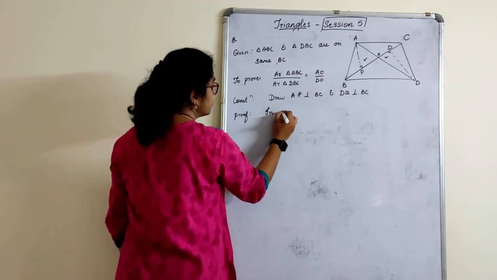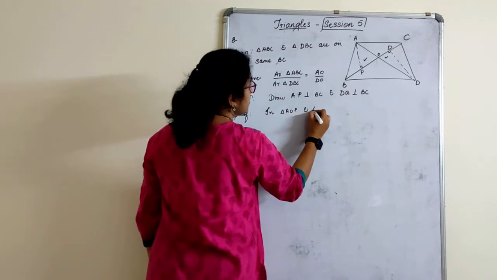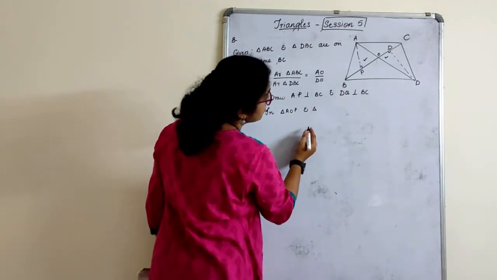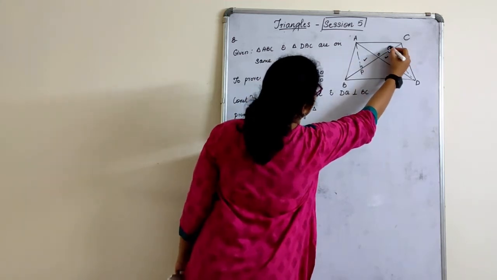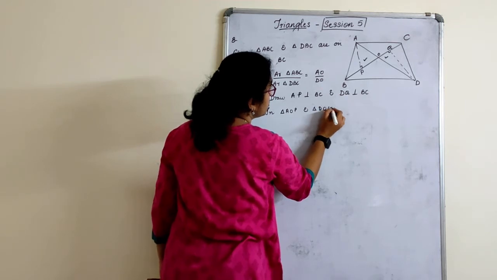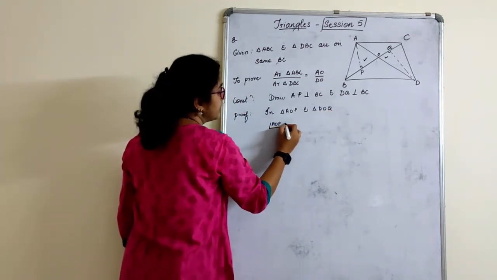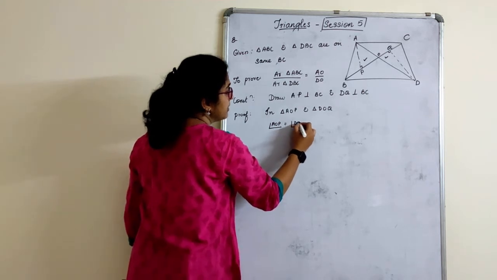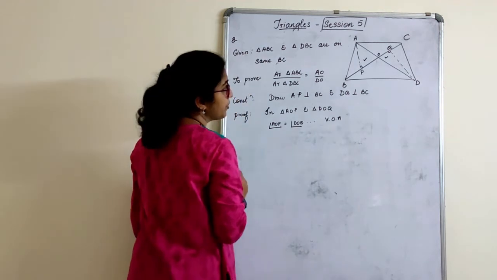Proof. In triangle AOP and triangle DOQ, first of all, angle AOP is equal to angle DOQ, vertically opposite angles, right?